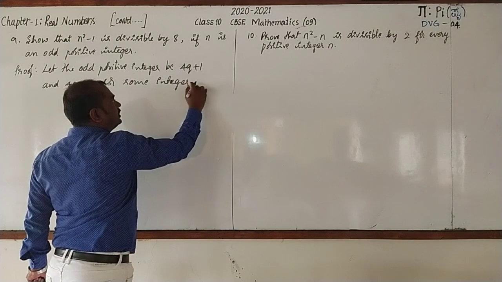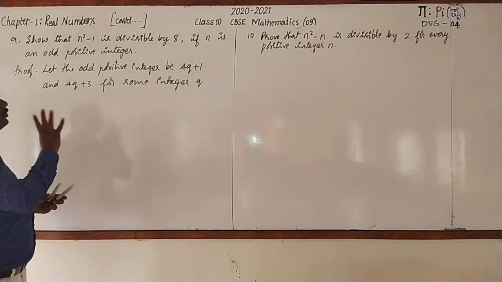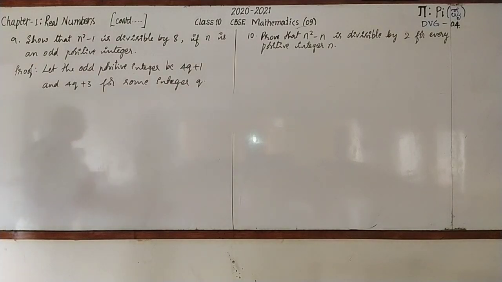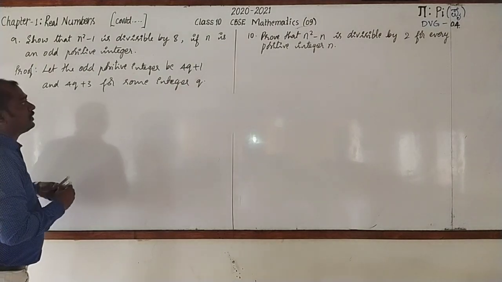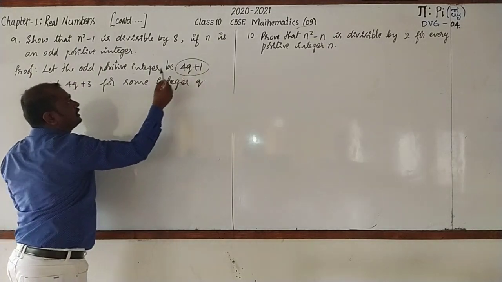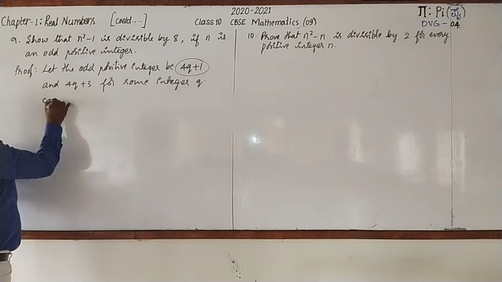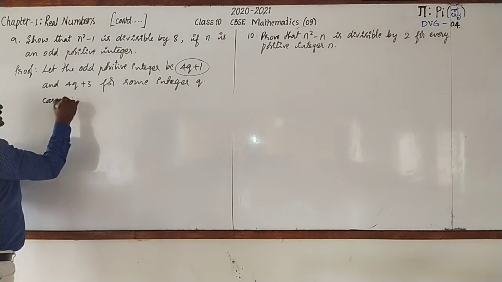I hope that you have understood why we have taken these two, 4q plus 1 and 4q plus 3. Clear? Okay, now let's go for taking two cases because odd numbers are written as 4q plus 1 and 4q plus 3.